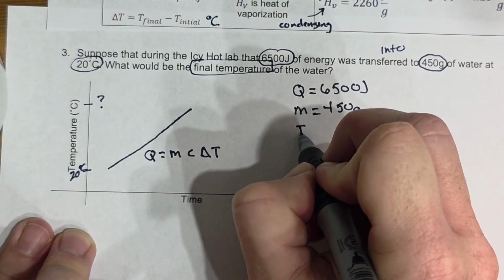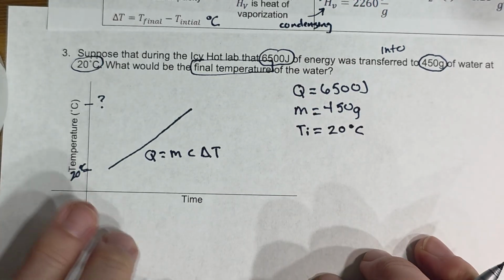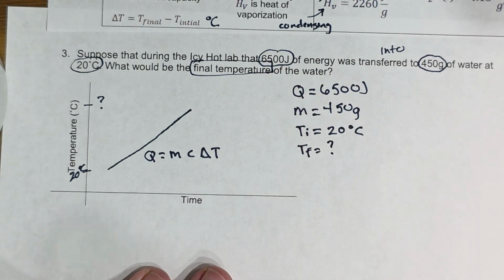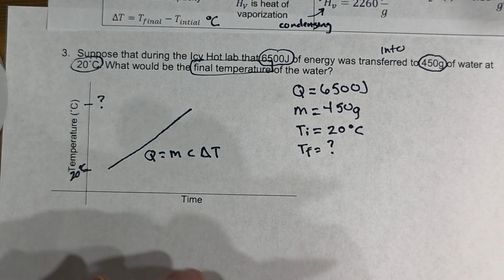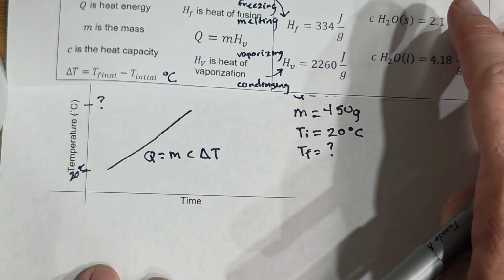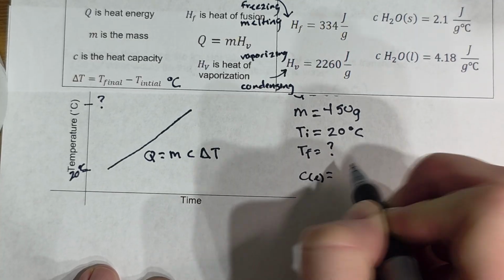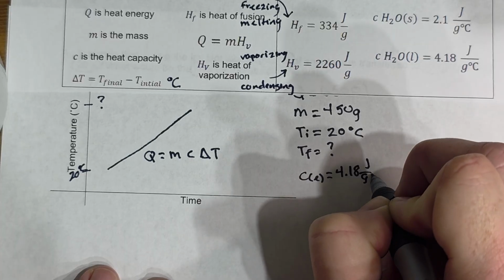We know that the starting temperature is 20 degrees Celsius. The other thing I know is we're at liquid water. So my c of liquid water is 4.18 joules per gram degrees Celsius.